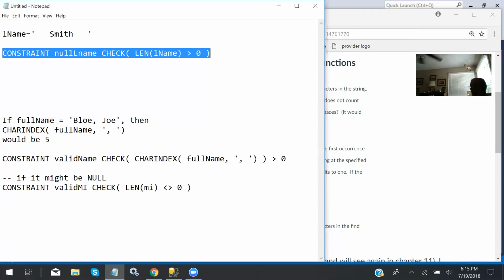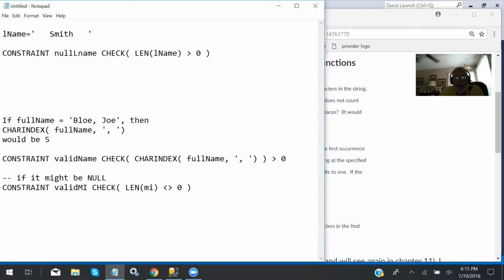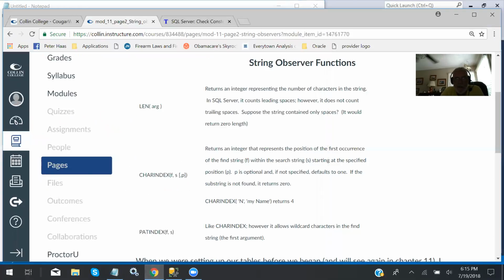Actually, you do not need that check for not null if you're checking that its length is greater than 0, because if L name is null, then null is not greater than 0, and it will return false. So this would throw out a null last name also. But you can check them both if you want. It's not wrong.